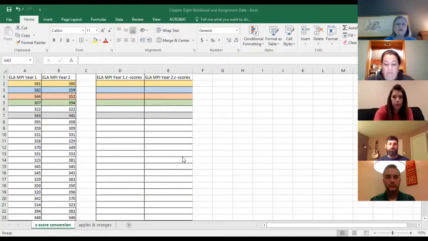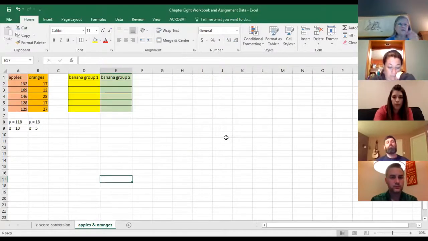So we'll go ahead and I'm going to share my screen on my Excel sheet with you. Let's see. First, I'm going to go to this sheet that's called apples and oranges, because we've talked about that so much, taking some data and comparing it.